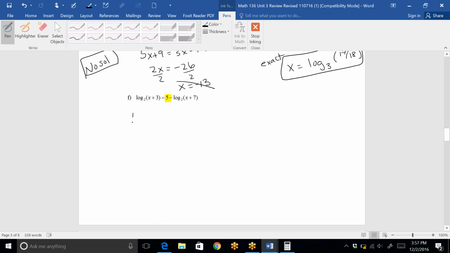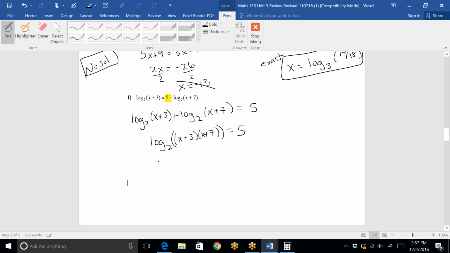So I'm going to add this over. So this would be log base 2 of x plus 3 plus log base 2 of x plus 7 equals 5. This is plus, which means we can turn this into a multiplication single log, still base 2. X plus 3 times x plus 7, that's my new argument.